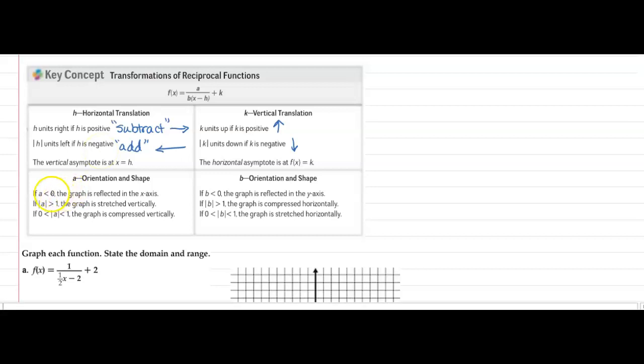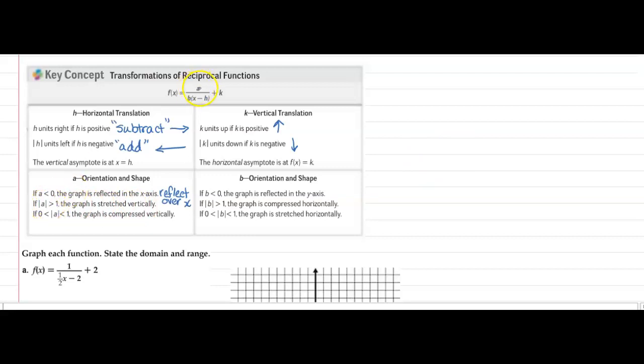Talking a little bit about shape, if we have a number in the numerator and it's negative, or a negative before this fraction, it's going to reflect over x. Just like it did when we put a negative before our radical. That made it reflect. Same thing happens.